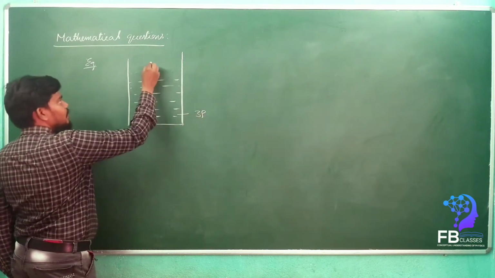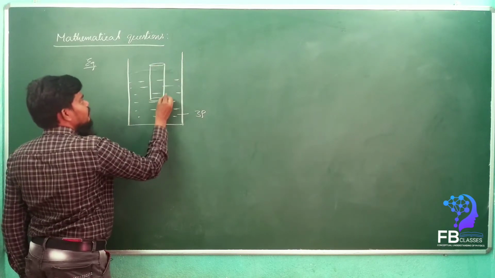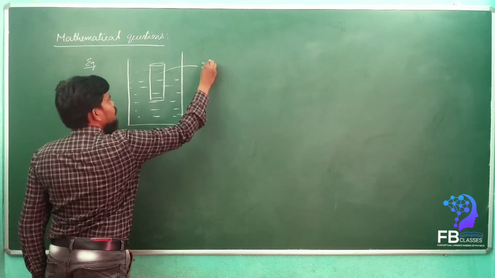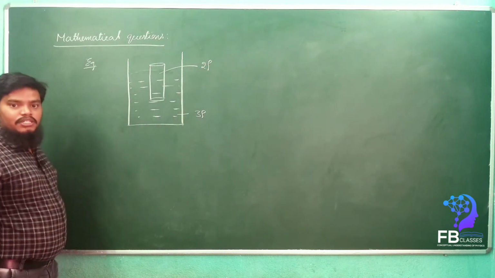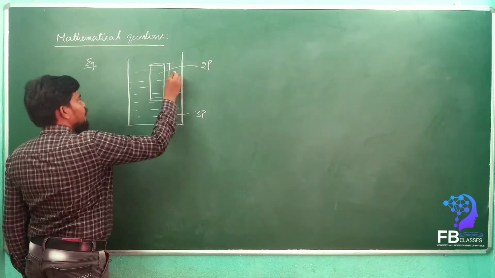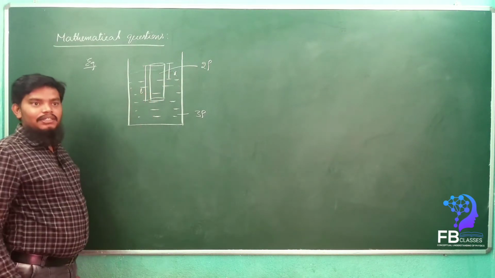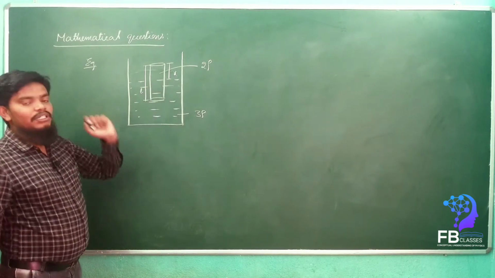Okay, and there is a cylinder. This cylinder has density 2 rho. Then, if the cylinder has length L, we have to find the x value.